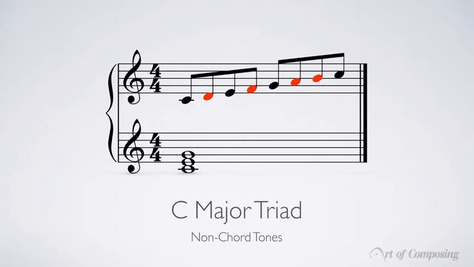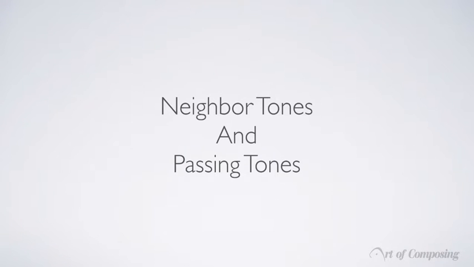Now, in traditional theory, there are several different kinds of non-chord tones, also known as non-harmonic tones. But the two that we are going to be using are the neighbor tone and the passing tone. So if you look at any two chord tones, you either have two different notes or the same note.